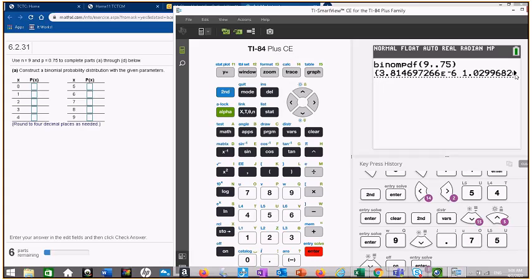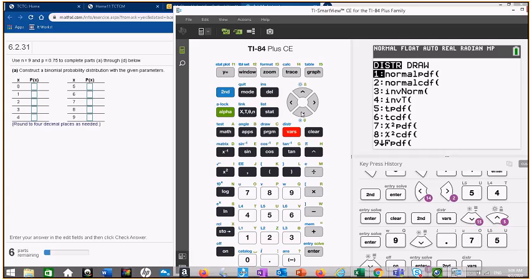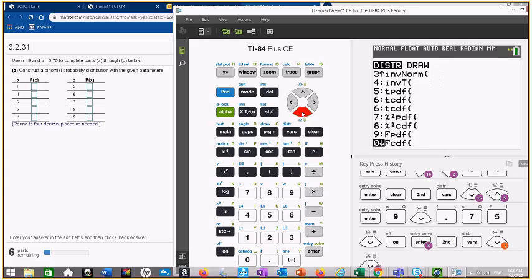It shouldn't be. It should be PDF. PDF is for single. Second vars. CDF is for cumulative.